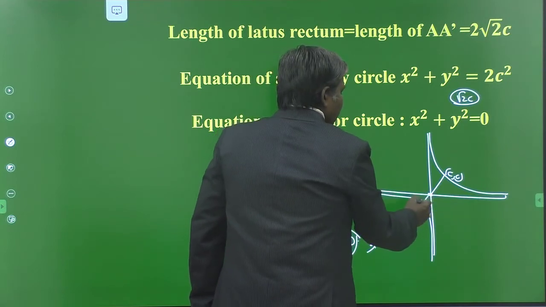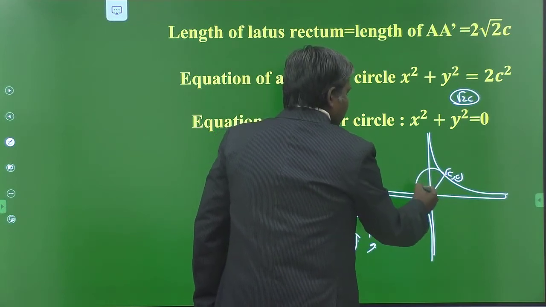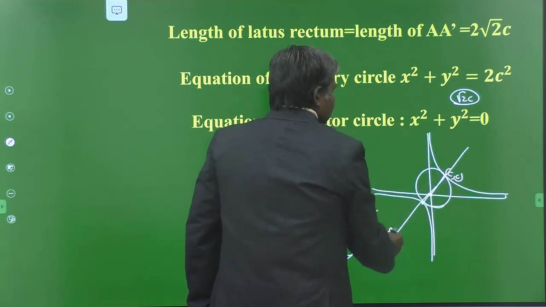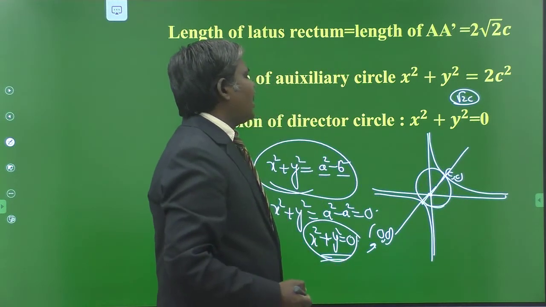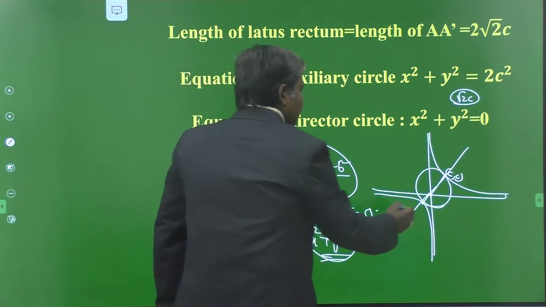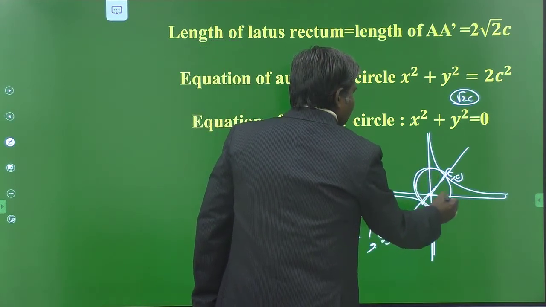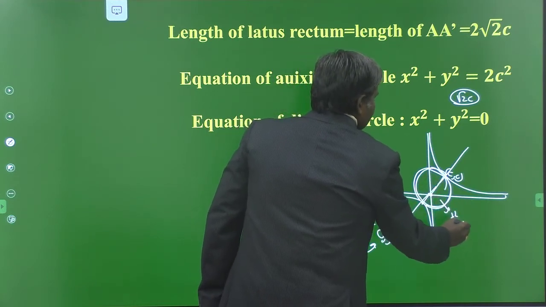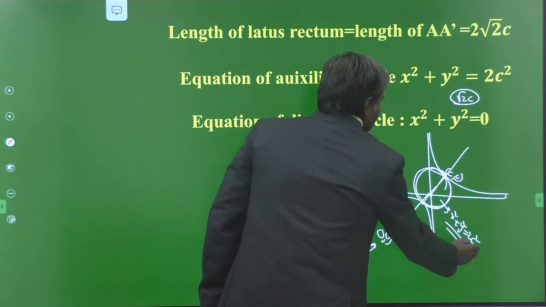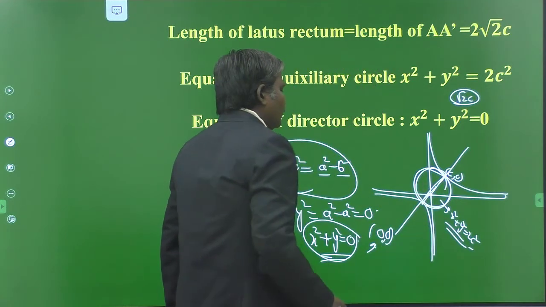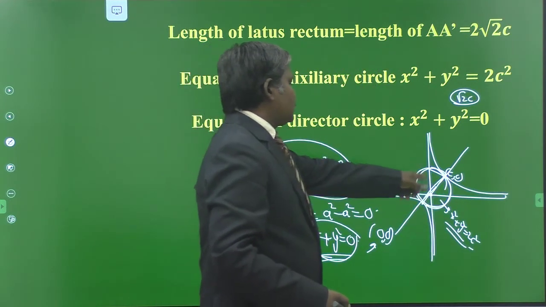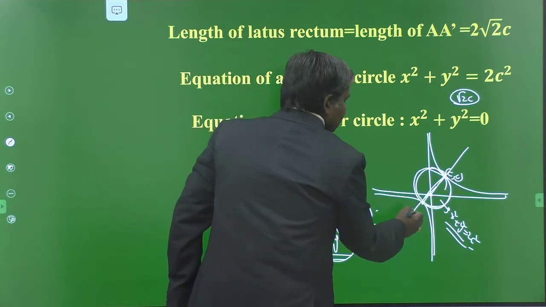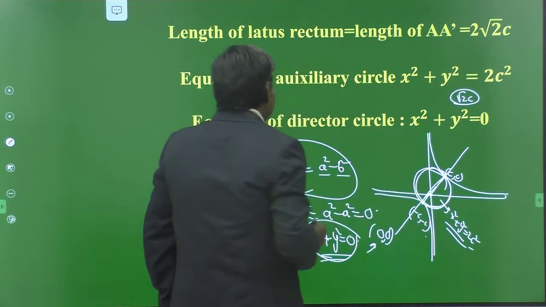This is the diameter, so this is the auxiliary circle. The circle described on the transverse axis as diameter is called the auxiliary circle. This is the equation x square plus y square equals 2c square. The ends of the diameter are one of the pairs of vertices, that is c comma c and minus c comma minus c. Understand?